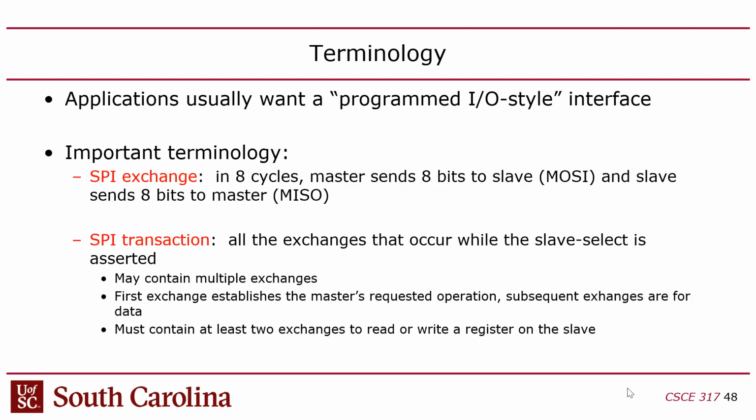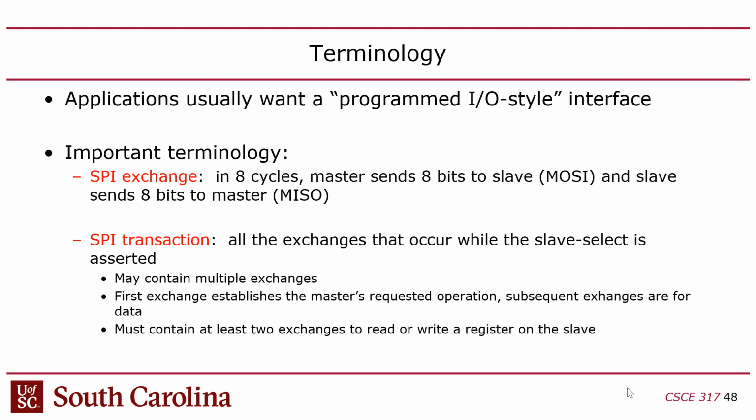I'm going to try my best not to, but when I say exchange, I mean what I just got done showing you, which is you send a byte one direction and you get a byte back, right? So there's an exchange of one byte between both sides of the channel. Whereas a transaction is something where you usually do multiple exchanges in order to perform a more sophisticated operation, like a read or a write transaction.